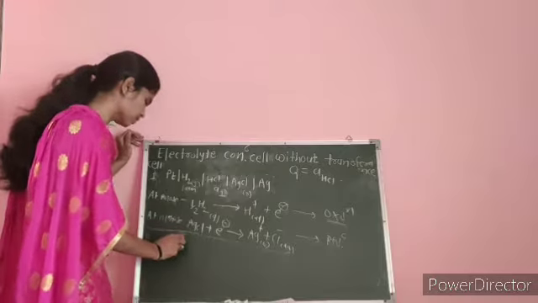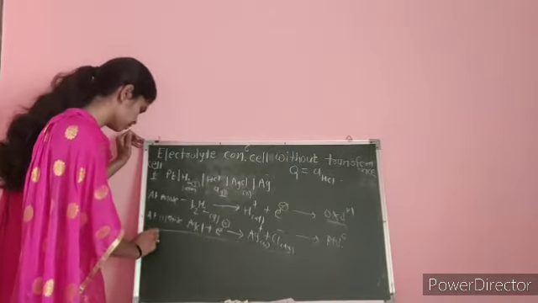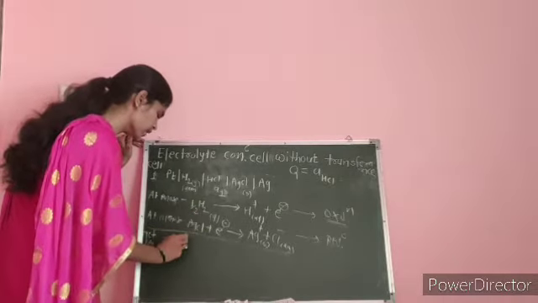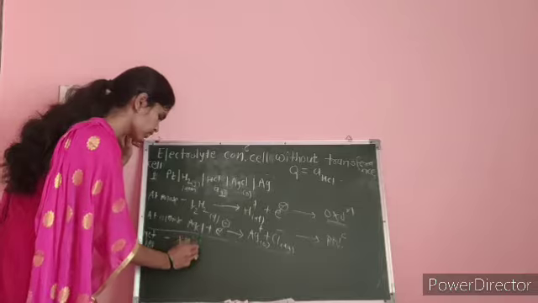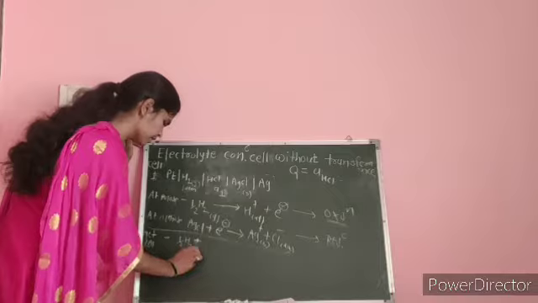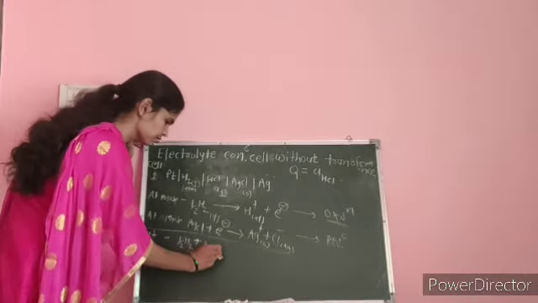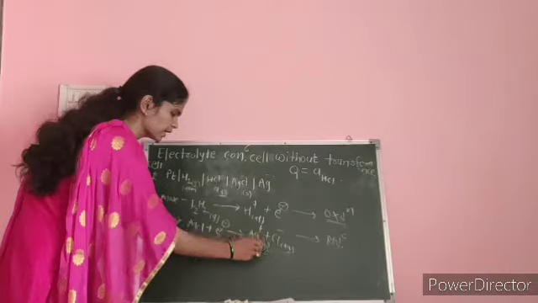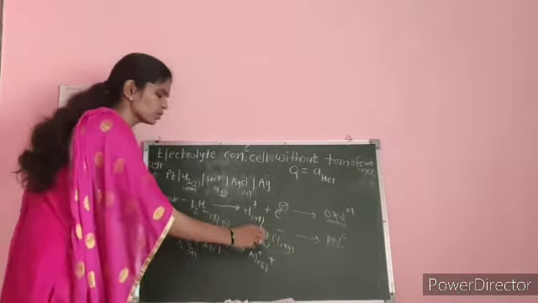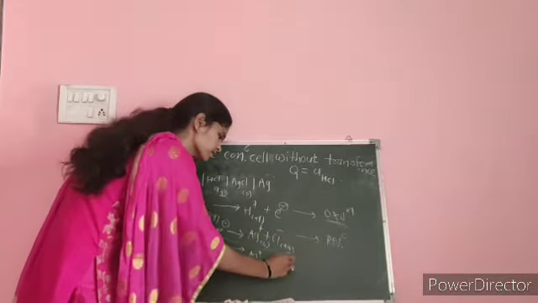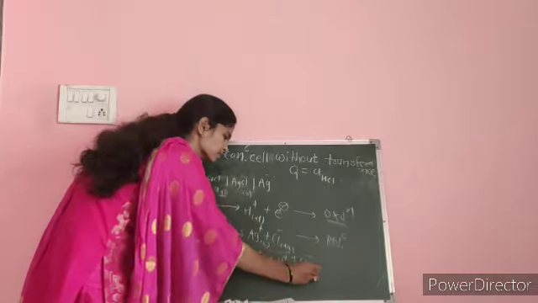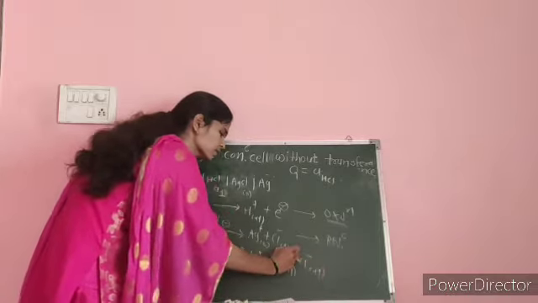Therefore, the net cell reaction is 1/2 H2 gas plus AgCl gives Ag solid plus H plus aqueous plus Cl minus aqueous.